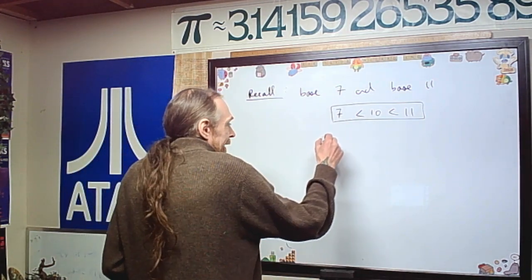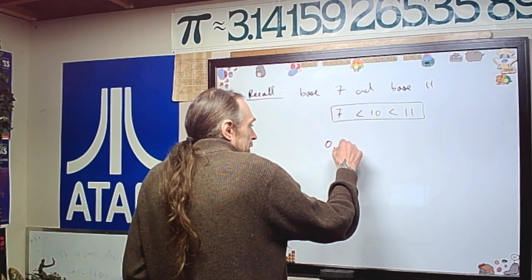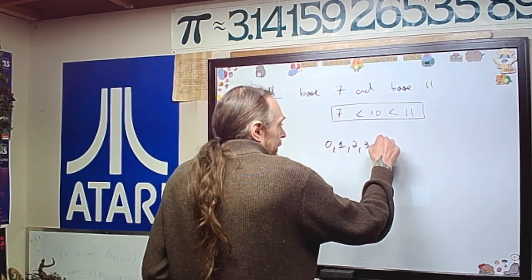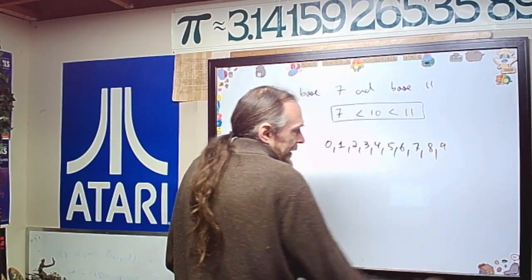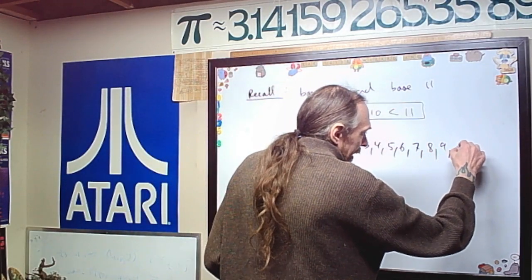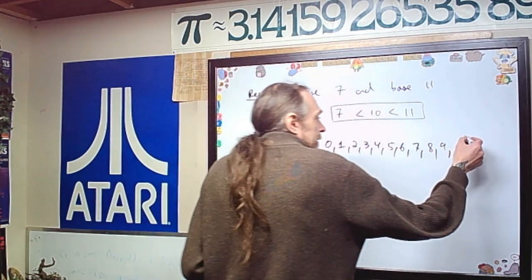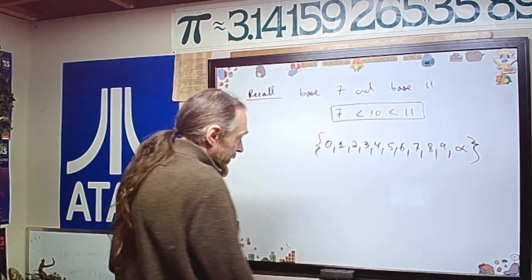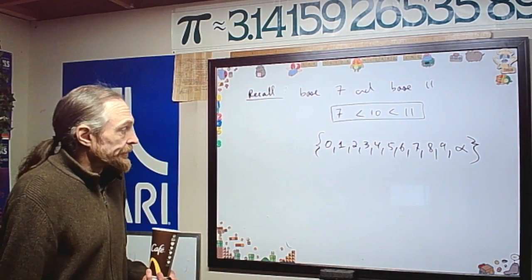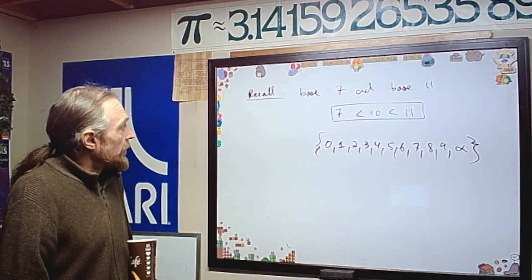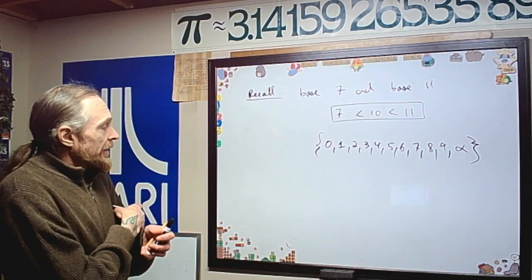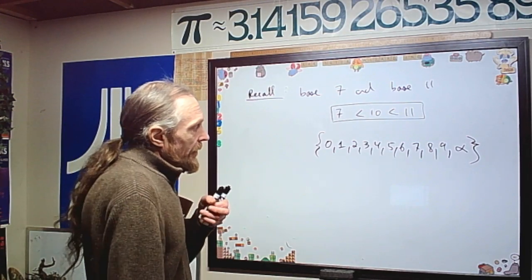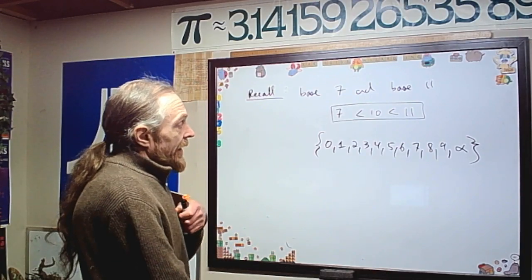If we're in base 11, the symbols we need are 1, 2, 3, 4, 5, 6, 7, 8, 9, and then we need a unique symbol for 10, so I'll call it alpha. These are my honorary digits, or base 11 digits. Once I do this, we now want to do arithmetic and conversions from base 10 to base 11 and vice versa.